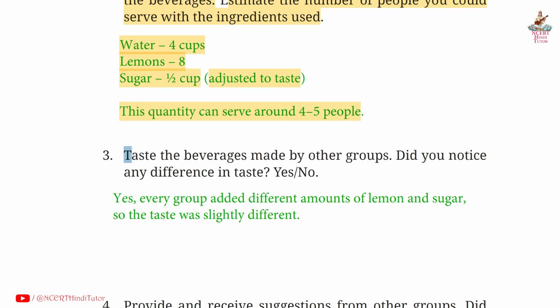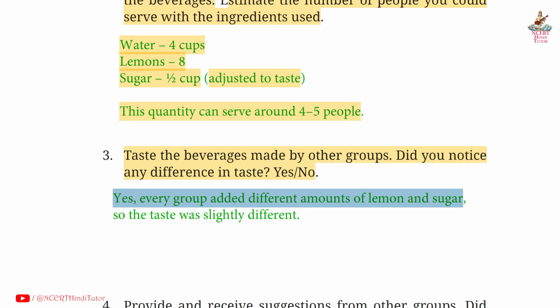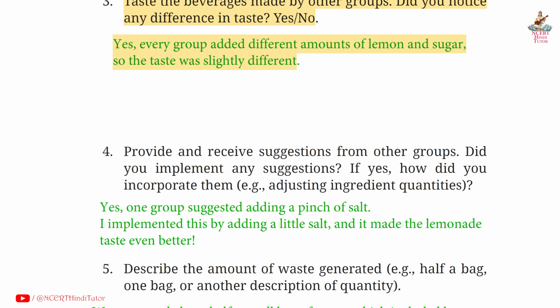Question 3. Taste the beverages made by other groups. Did you notice any difference in taste? Yes, no. Answer: Yes. Every group added different amounts of lemon and sugar, so the taste was slightly different. Question 4. Provide and receive suggestions from other groups. Did you implement any suggestions? If yes, how did you incorporate them?